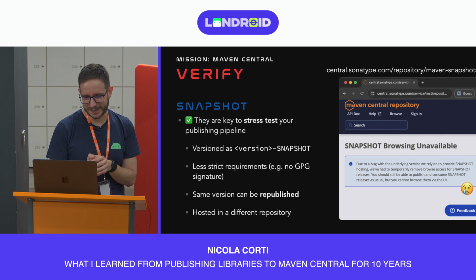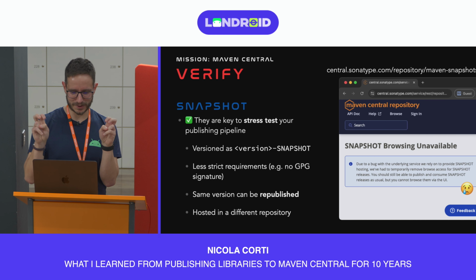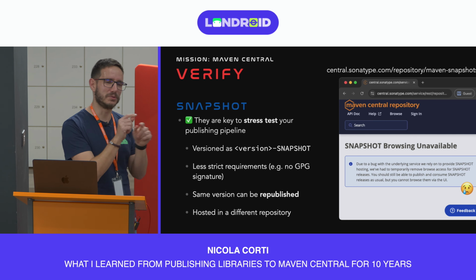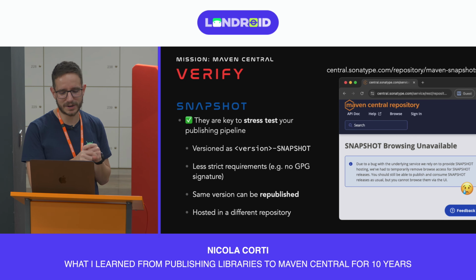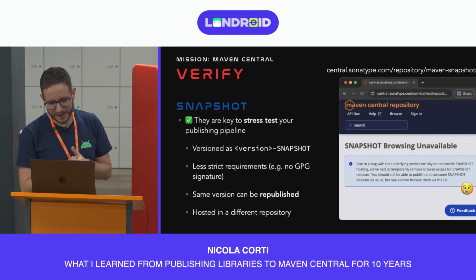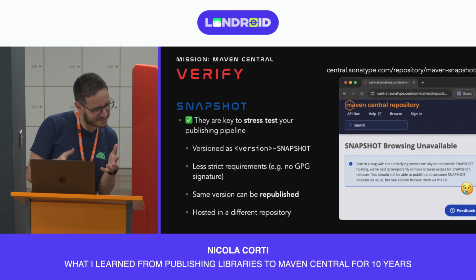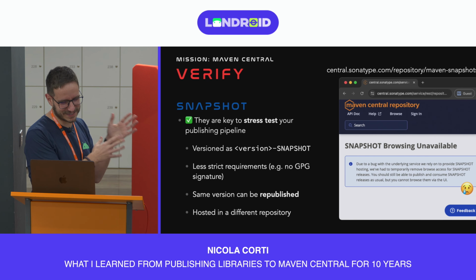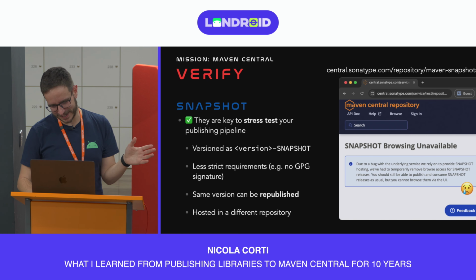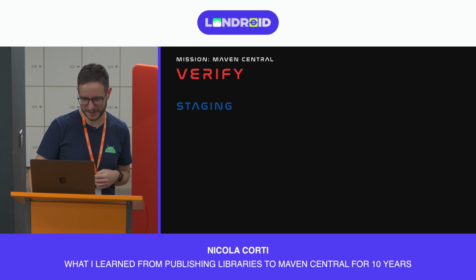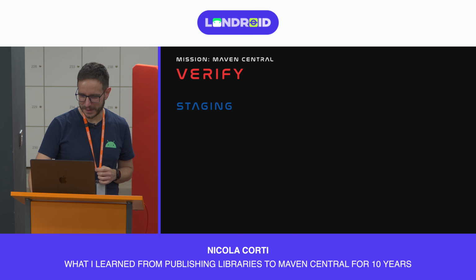And last year in June, they temporarily suspended the browsing of the snapshot repository, where you could see all the versions that were published and when, and it's still like that. They don't have a tracker, so we don't even have a way to star the fact that this thing is broken, but it's quite annoying. I just wanted to call it out to bring awareness to these things not working on the snapshot repository.